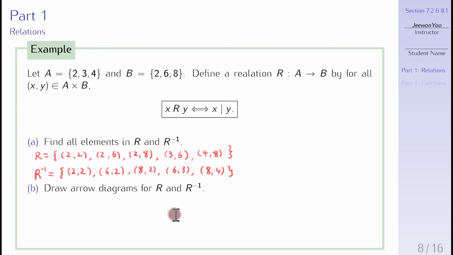The last thing I want to do is draw arrow diagrams for R and R inverse. R is going from A to B. A is the domain, B is the codomain. Do you remember? As a diagram, A looks like a circular set containing the elements 2, 3, and 4.